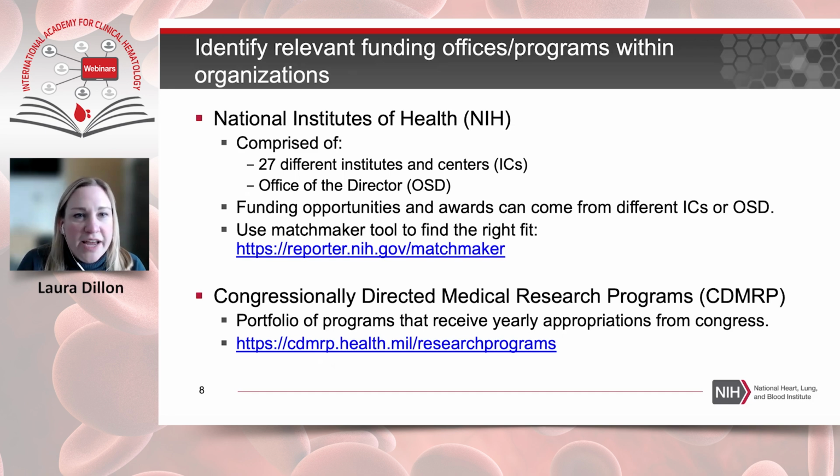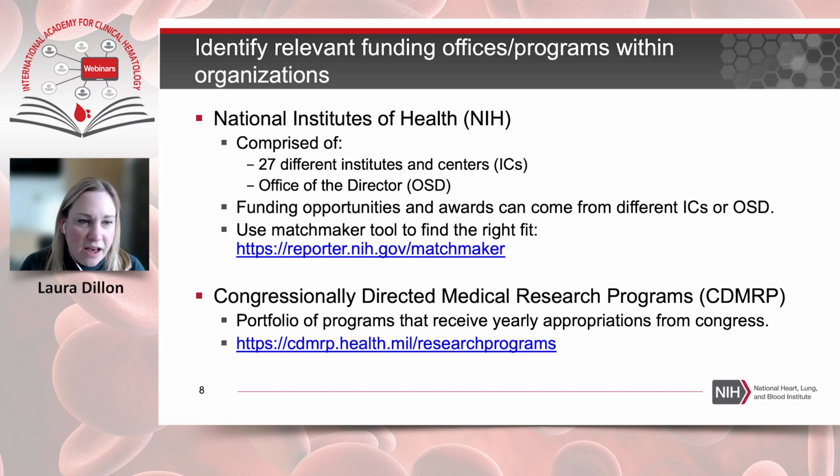So once you've identified places where you could actually get funding, you then need to do more work to look within those organizations to identify funding offices or programs within the larger organization. So I'm going to discuss two major government funding organizations to give you a little bit of an idea. The National Institutes of Health is just that. It's many institutes. It's comprised of 27 different institutes and centers, as well as the Office of the Director.